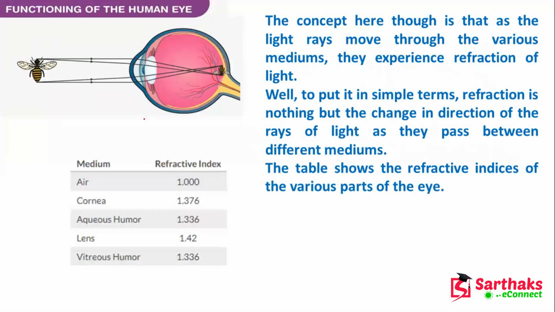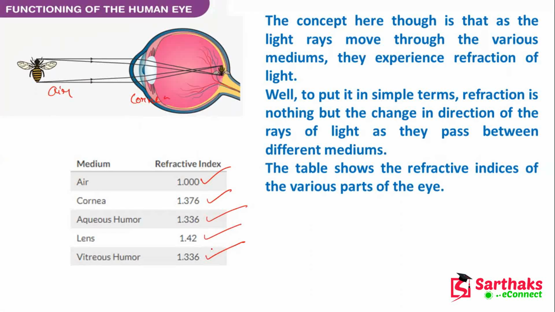The concept here is that as the light ray moves through the various mediums, there are different amounts of refraction. First from air, it will go to the cornea. Air has refractive index 1, and the cornea is 1.376. Then aqueous humor 1.336, then lens 1.42, vitreous humor 1.336.